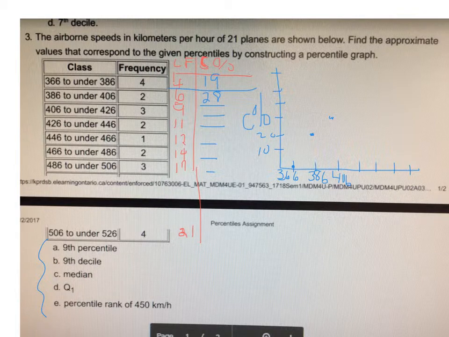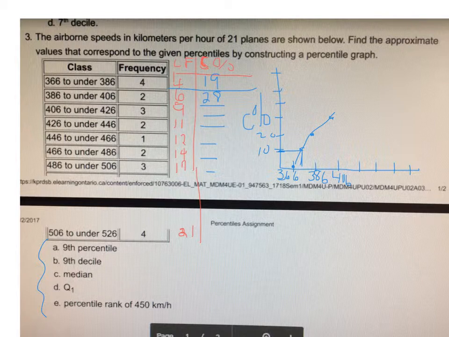So the 9th percentile will be just before the 10% mark, and so the 9th percentile would be about here. And so wherever your graph intersects with the 9th percentile, you're going to try to read that value off of there. And so it's just all about interpolating values from your graph.